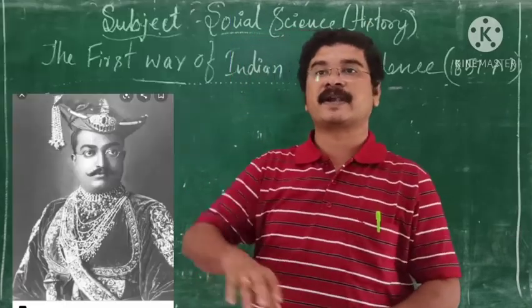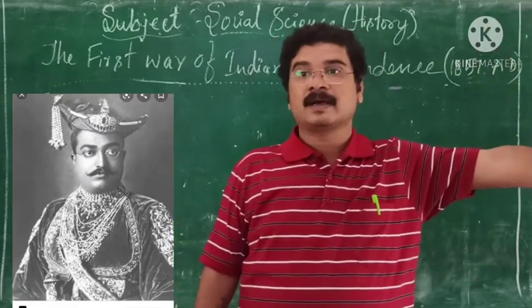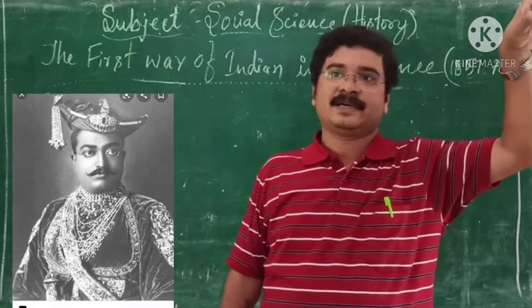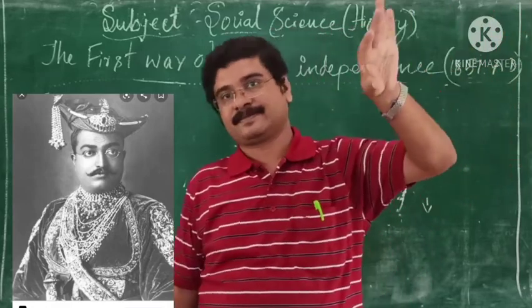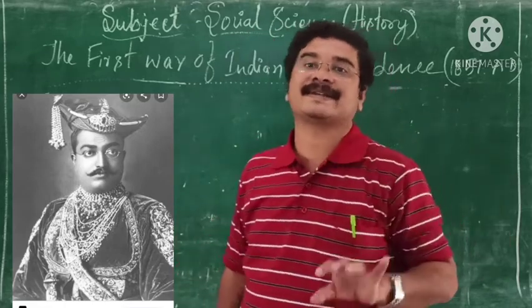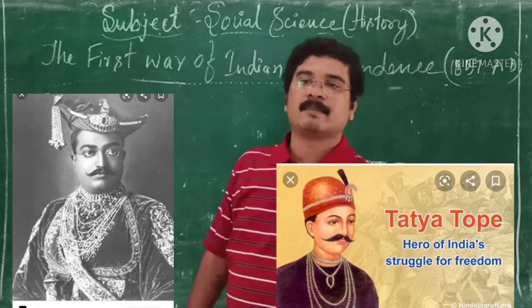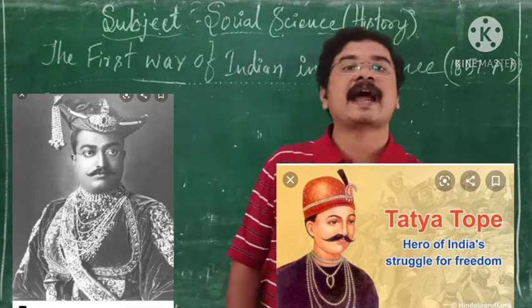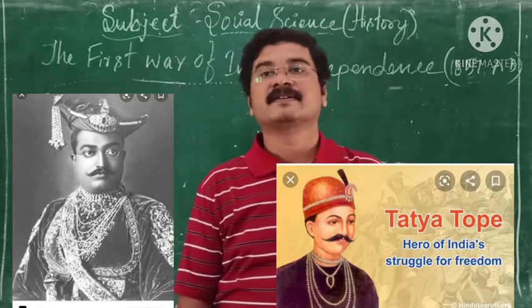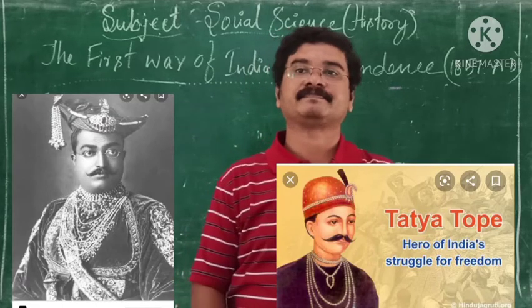Then it spread to Kanpur. In Kanpur, Nana Sahib rose in protest. Nana Sahib's assistant was Tatya Tope. But Kanpur fell into the hands of the British.